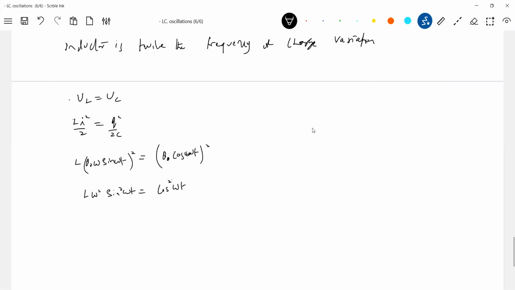Here one C is missing. We know omega square equal to 1 by LC, so that will get cancelled, giving tan square omega t equal to 1. What are the instants of time at which this will be?